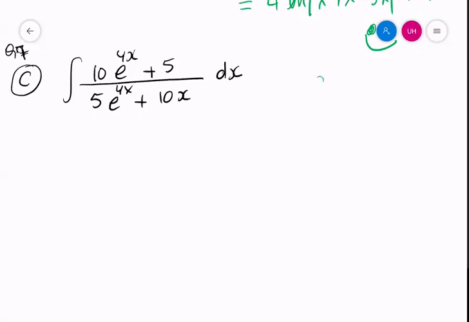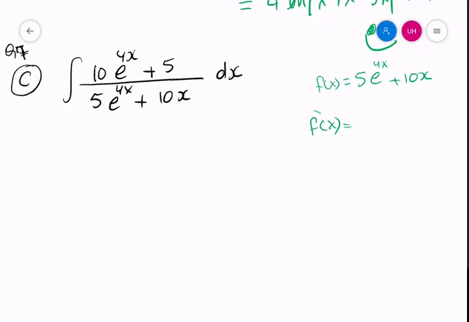f of x is 5e to the power 4x plus 10x. Then f dash x is, so the derivative of e to the power 4x, well, we leave the 5 as it is, and when we derive this, it's going to be e to the power 4x multiplied by the coefficient of x, which is 4.